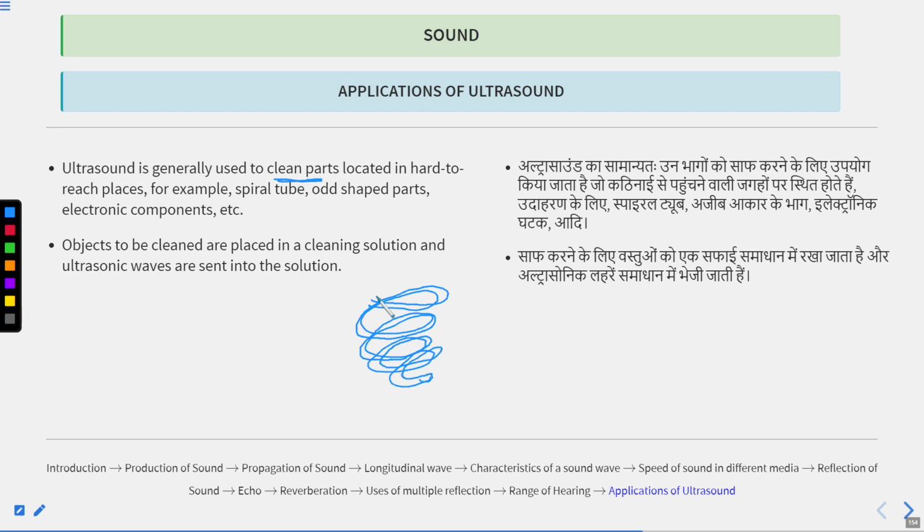So we will use ultrasound frequency to clean such things. Spiral tubes, odd shaped parts, electronic components, those are not washable with water and hands. So ultrasound is used to clean this type of substances.